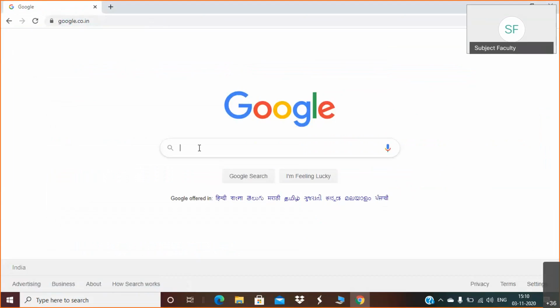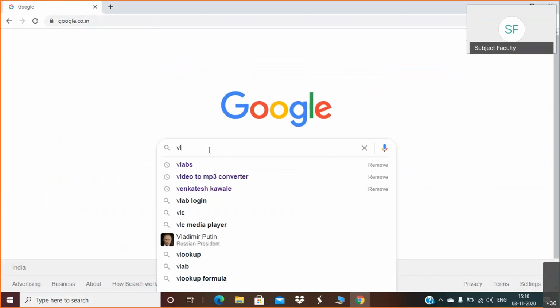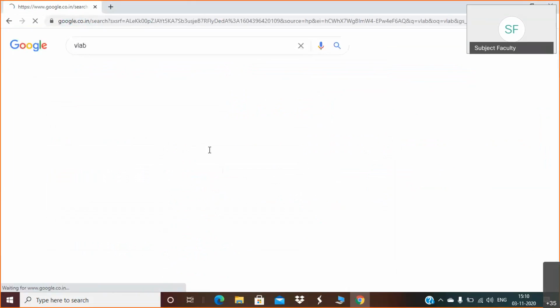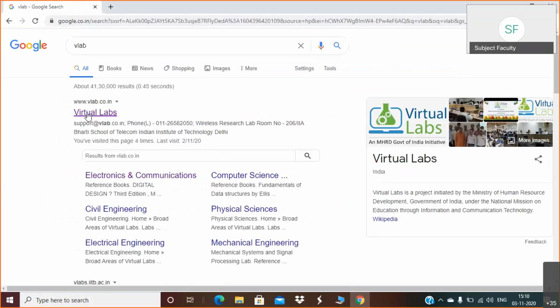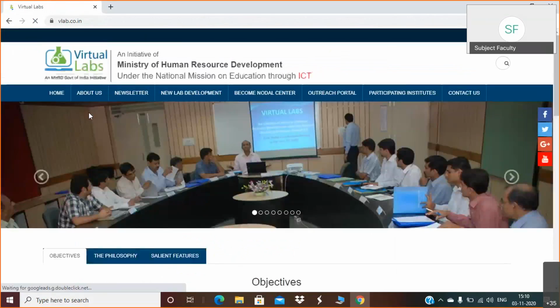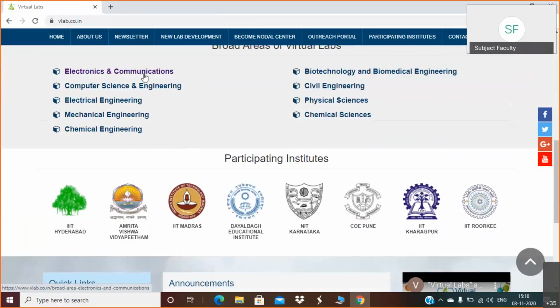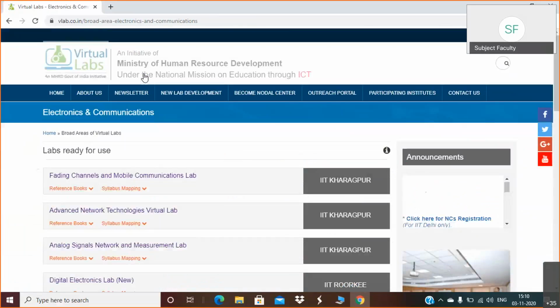Okay, so first you have to open the browser, then you have to type VLab. V stands for virtual lab. Then you have to select the first link, vlab.co.in. Under that, you have to select the broad area of electronics and communication.